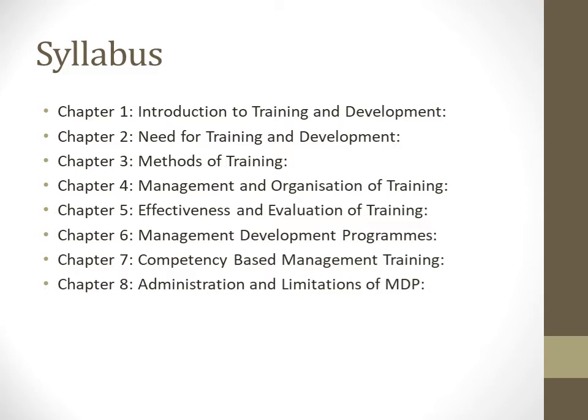There you see some of the strategies, Keller's model, the training manuals, how to select and how to train the trainers, and some of the government agencies and workers education. That is all about chapter 4.